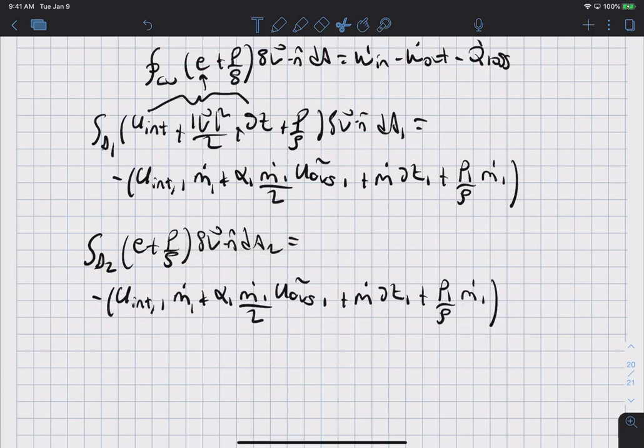But V dot n hat is greater than 0, so it's plus instead of minus, and it's at face 2 rather than face 1.